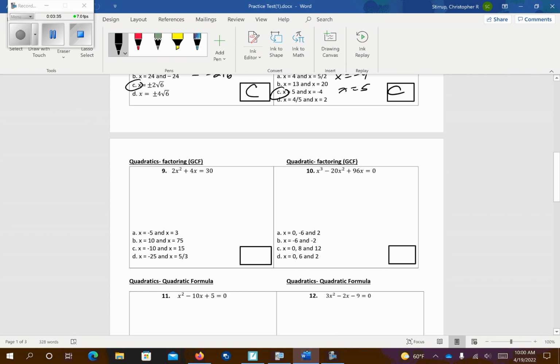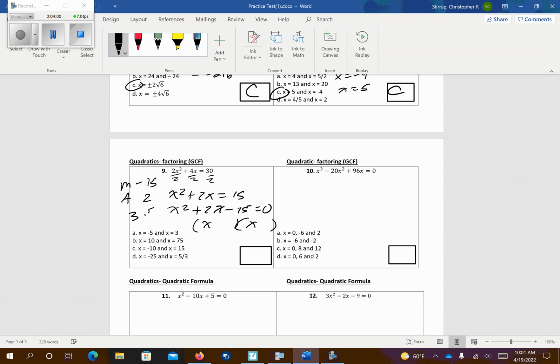For the next problem, we do it by factoring. So we need to move the 30 over, but we can do this first. Divide everything by 2. So I'm going to x squared plus 2x is equal to 15. Let's bring the 15 over by subtracting it. Now we're going to try and figure out, we can do our short way of factoring. What two numbers multiply together give me negative 15, add together to give me 2.